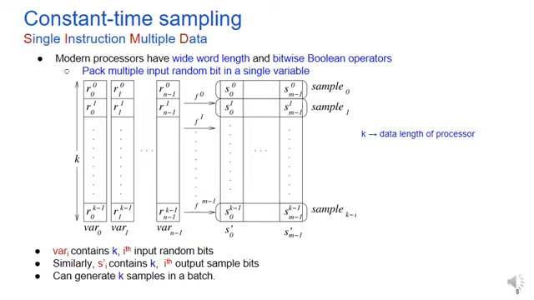These variables are then fed as input to the Boolean expressions, and we get m variables where ith variable s prime i holds ith bit of all k samples. Now we can unpack these variables to get the actual samples. In this way, we can generate k samples in a batch. Of course, this method has some overhead in packing and unpacking the bits, but that is very negligible.